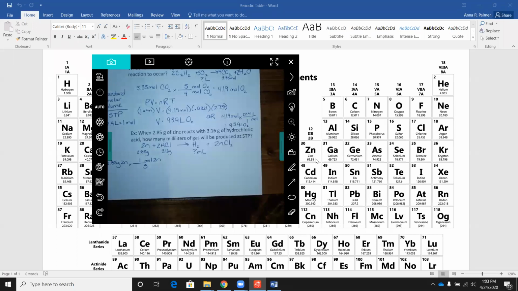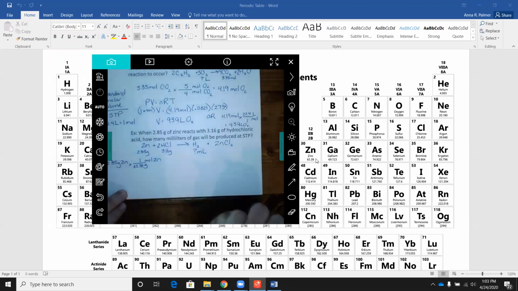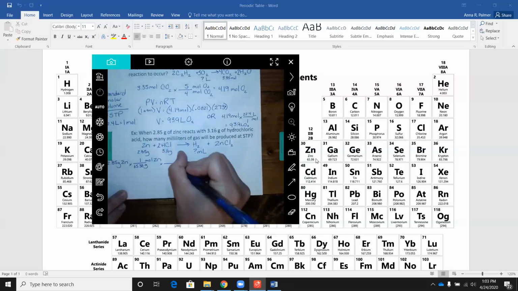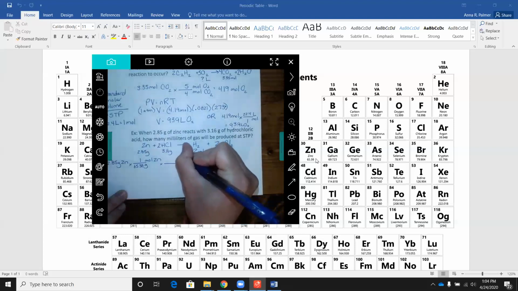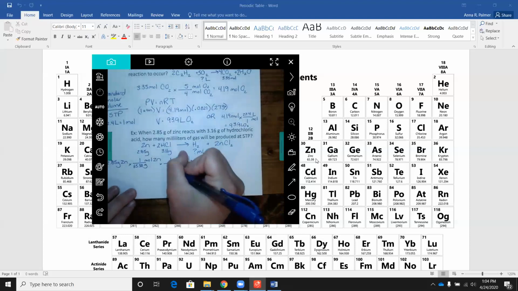So it's 65.38. And now I'll set up my ratio. I'm moving moles of zinc to the bottom, and I'm putting moles of hydrogen on the top. Let's go ahead and put that ratio. That's 1 to 1. Okay.